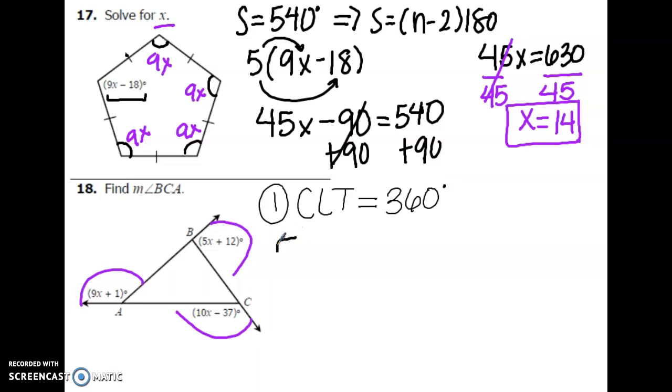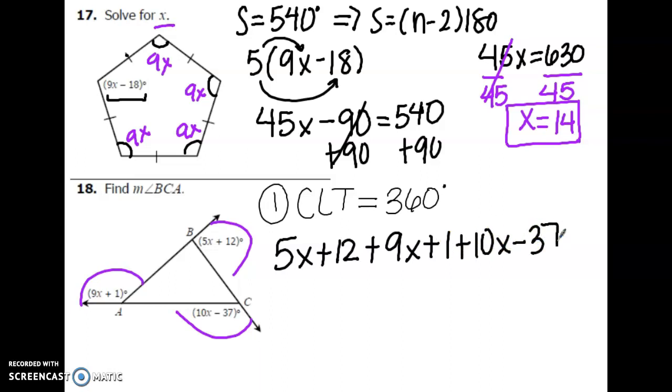So you would say 5x plus 12 plus 9x plus 1 plus 10x minus 37. And you set that equal to 360. You are having one that looks just like this on your test. You only have one of them. But what you do here, again, step number 1 is just to combine like terms.